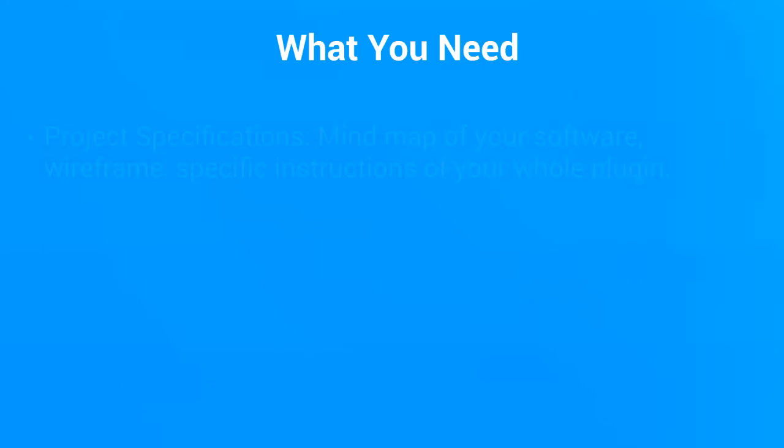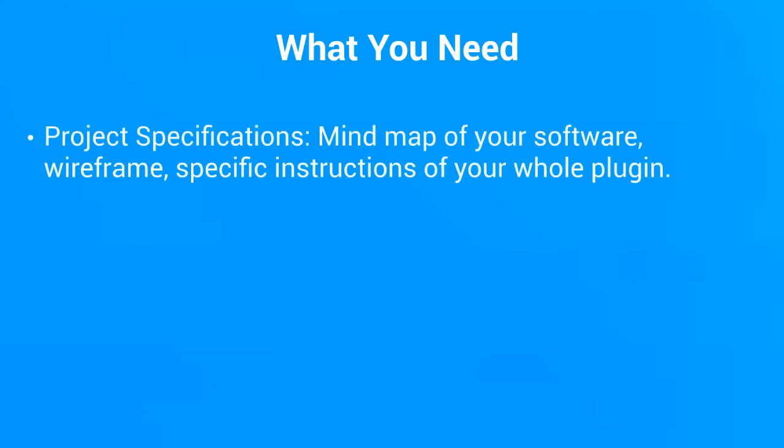All right, so here's what you need. You need project specifications already in hand, meaning you have to have instructions about your whole plugin. You're going to need to mind map your software. You're going to need to have a wireframe of it, which contains user interface and all that information so that you can give that to the programmer.